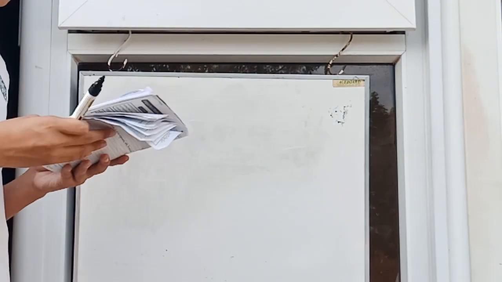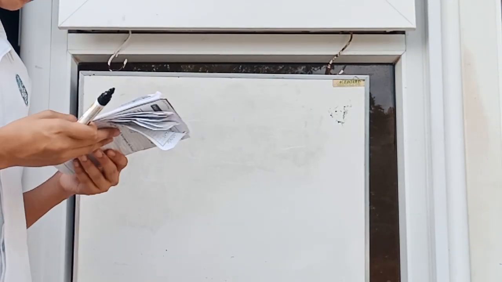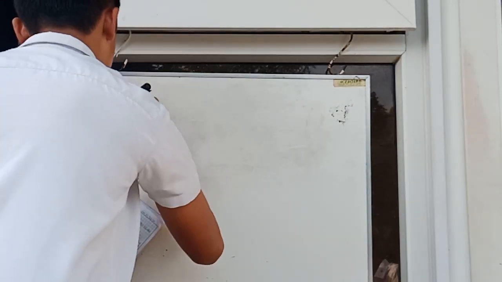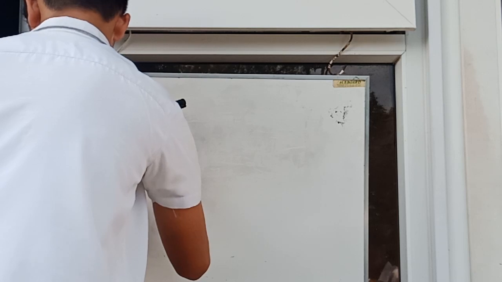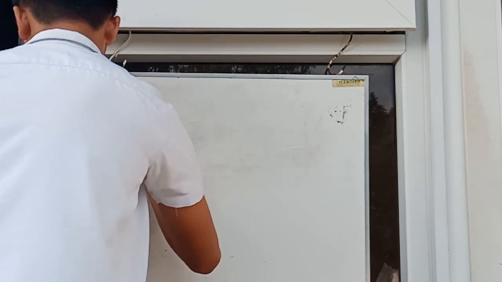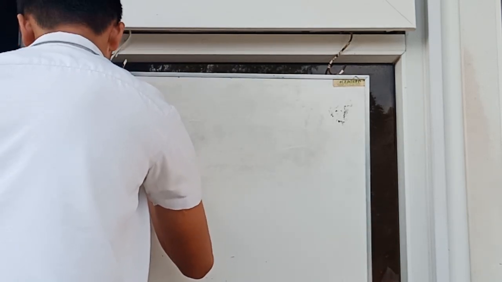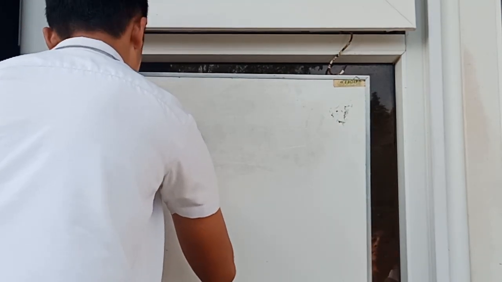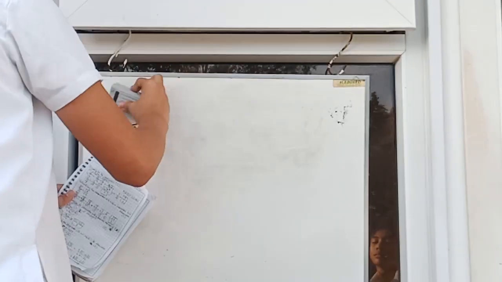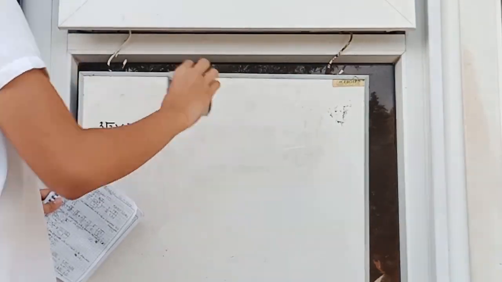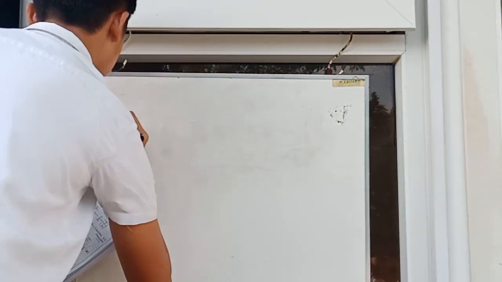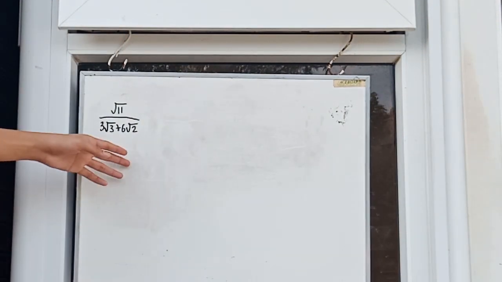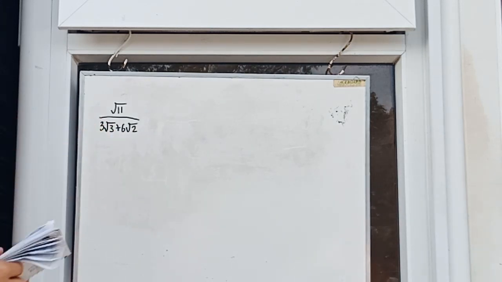Fifth example. Rationalize the denominator with two radicals in the denominator. So, here's my example, over 3 square root of 3 plus 6 square root of 2. It's just like my other examples, but the denominator now has two radicals.